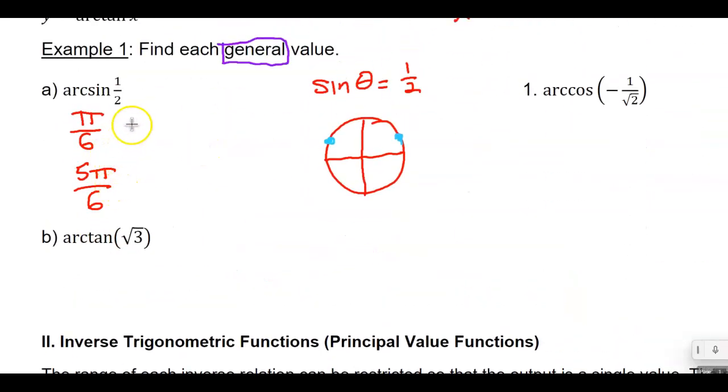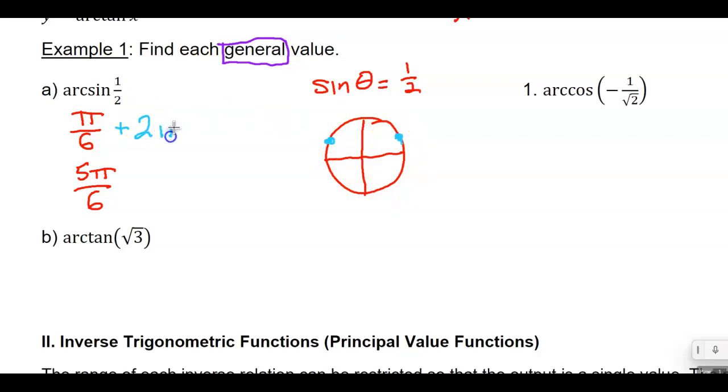So for each of these, I need to say, well, the sine is not just 1/2 right here, but if I go around again and around again, the sine is continually going to be 1/2. If I go backwards all the way around, negative 2 pi, another negative 2 pi, another one.